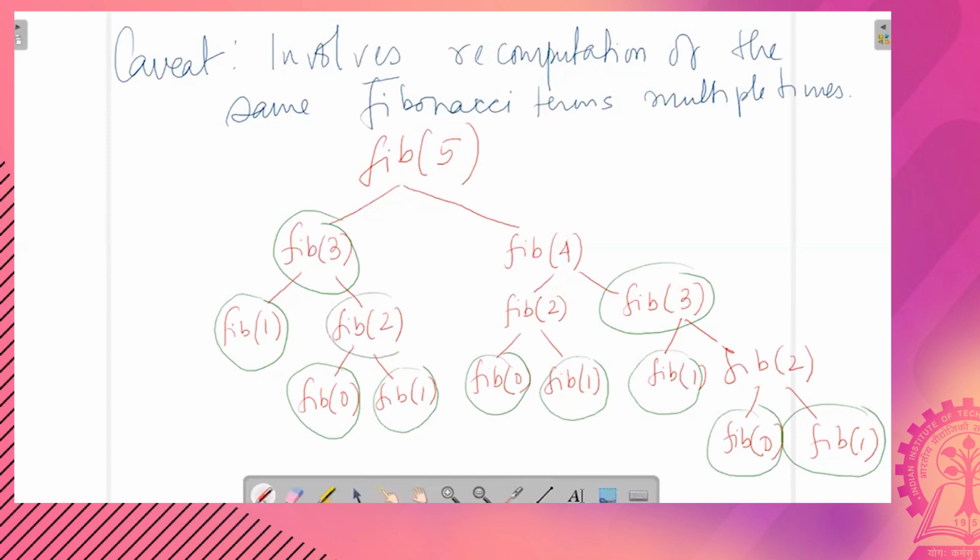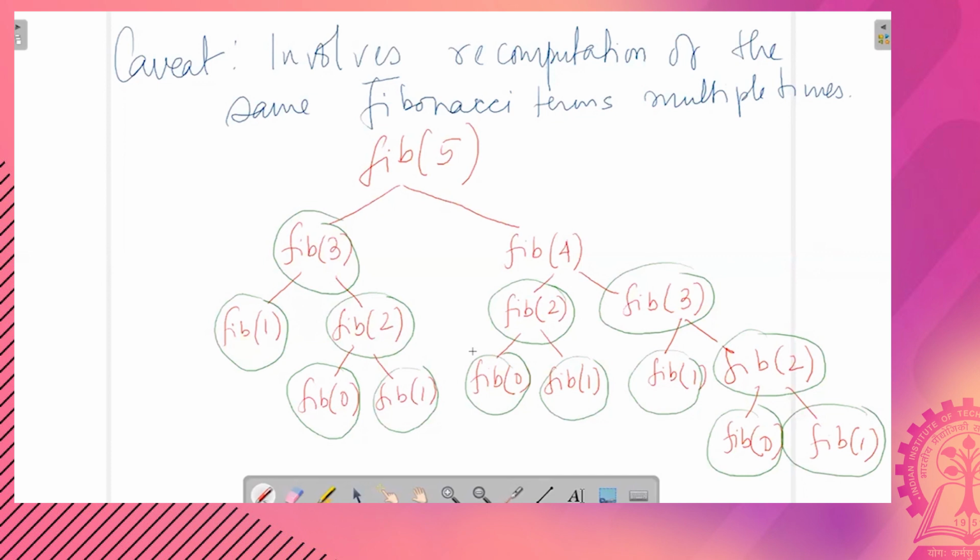Fib2 is called 1, 2, 3 times. So you see many of the terms are being recomputed multiple times, and this actually makes the recursive implementation of the Fibonacci sequence very inefficient, because you are computing the same function multiple times.